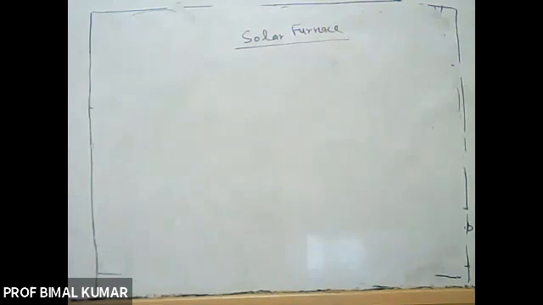So this world's largest solar furnace is designed for a thermal power of approximately 1000 kilowatt, right? And it consists of 63 heliostats, each having an area of 45 square meter, right?